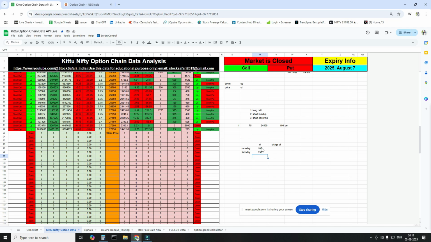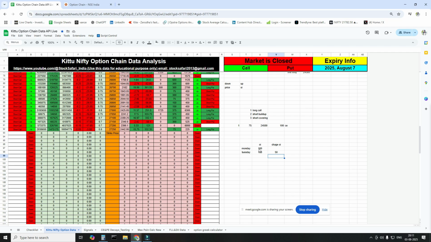On Monday open interest was around 100 contracts. On Tuesday we can see 150. What is meant by change of open interest? On Tuesday it is around 150, so we calculate 150 minus yesterday's end-of-day open interest, which is 100, giving 50. So we identify that some new additional position has been added to the contract.